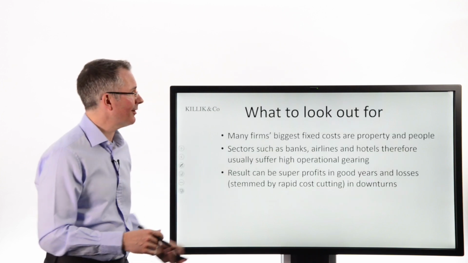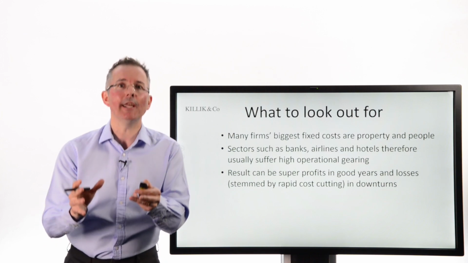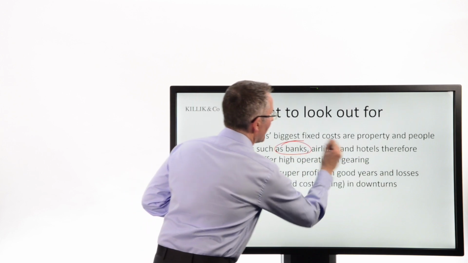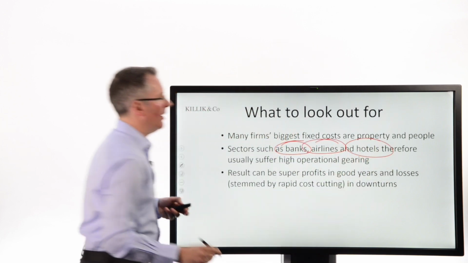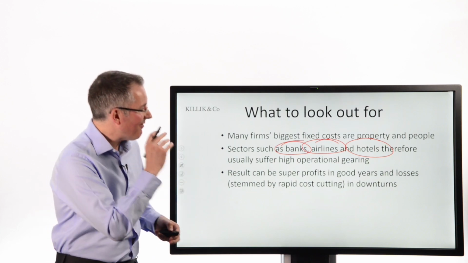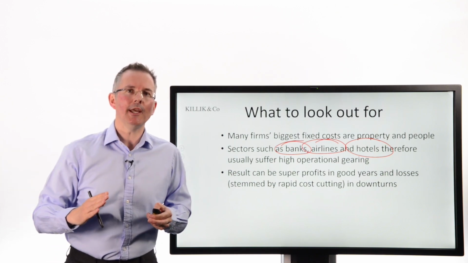Well, it does actually. I'm going to finish off just by saying there are sectors where you get a high degree of fixed costs relative to total costs. And here are just three: banks, airlines and hotels, mainly property and or staff costs. The effect of high operational gearing is super profits in good years.